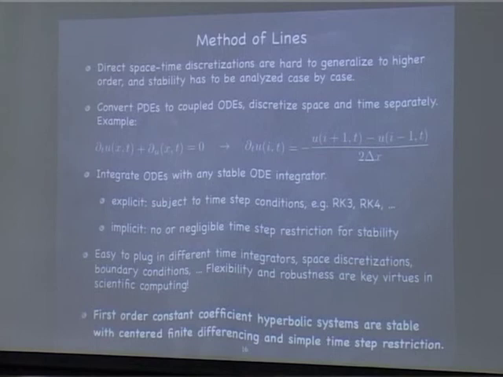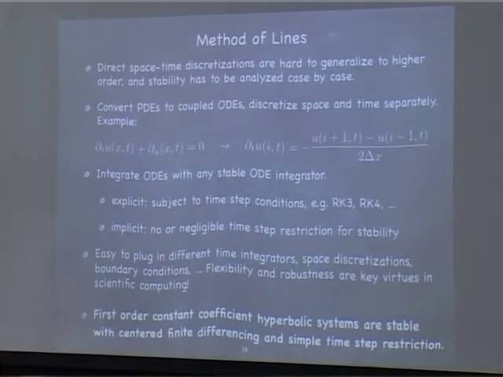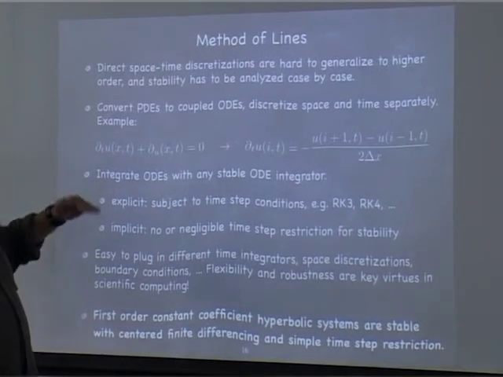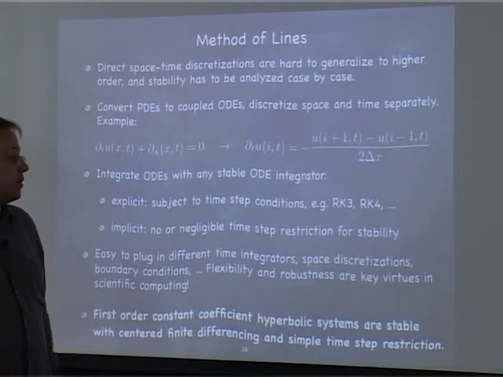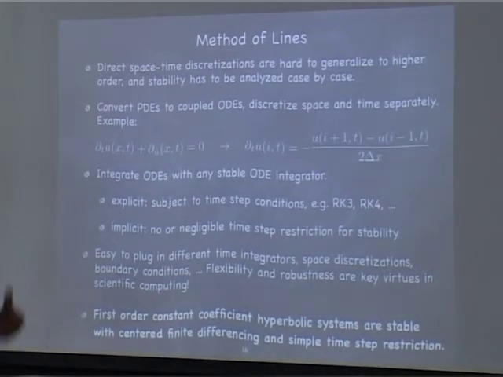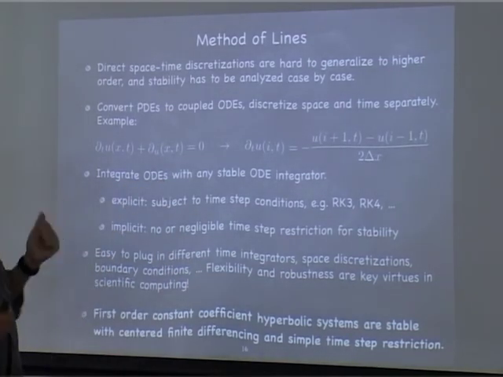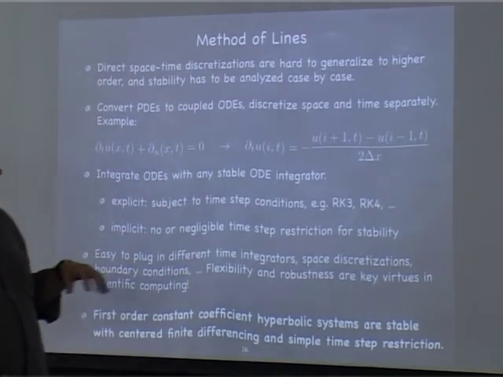How to integrate the ODEs? Well, any stable ODE integrator, the same that we discussed yesterday. If it's an explicit integration, there will be time step conditions which depend on the ODE integrator that you use. If it's implicit, this will be much relaxed, so there are no conditions. And this is very, very nice for writing scientific code. It's very easy to interchange things in a modular way.